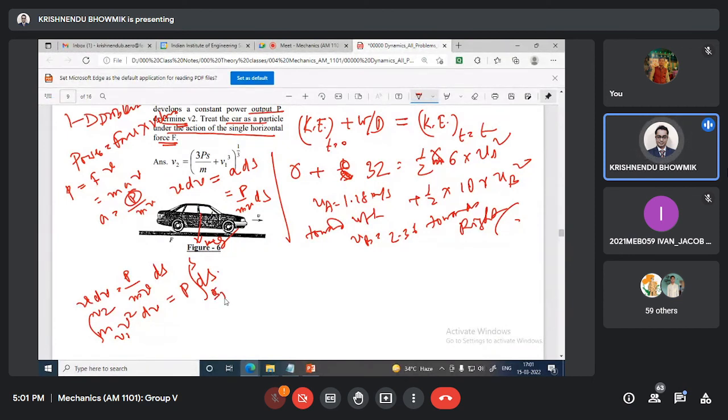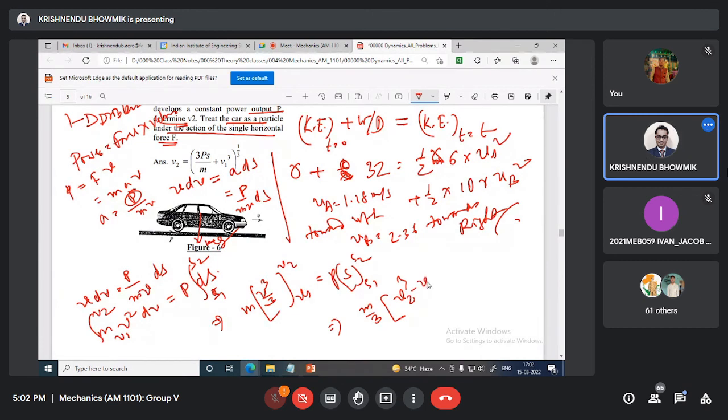You can write s1 to s2, and that will be m v cube by 3, v1 to v2, P s, s1 to s2. So m by 3 times v2 cube minus v1 cube equals P times s2 minus s1, that is nothing but s.